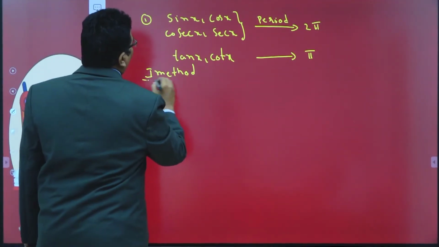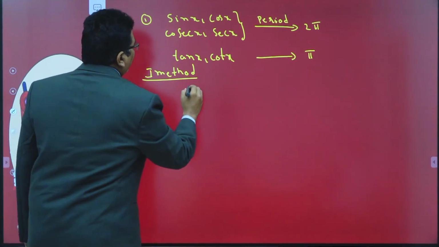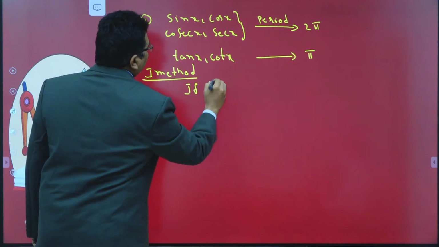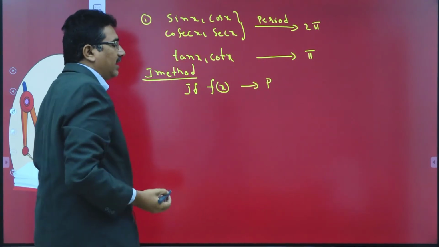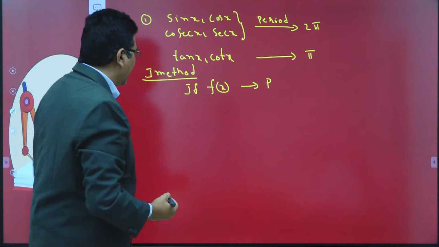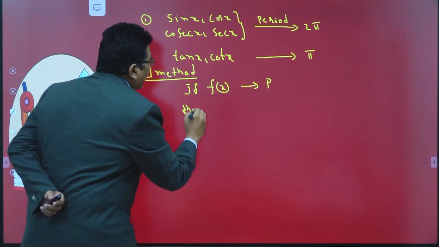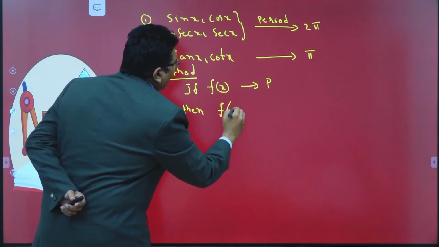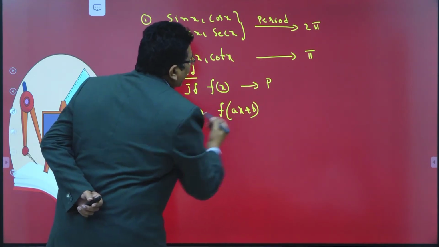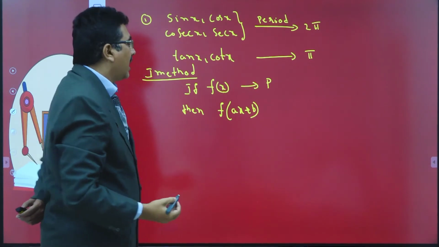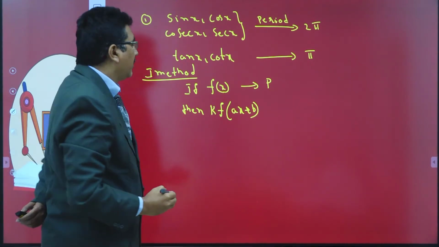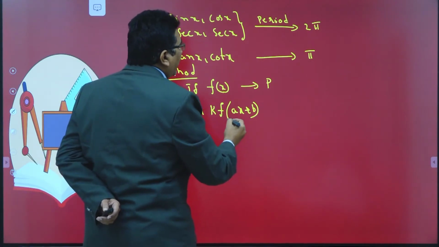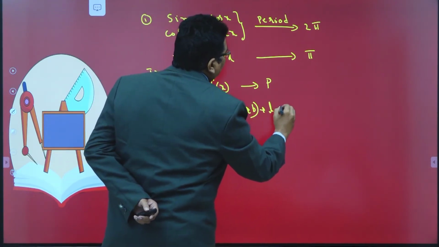If f of x is a periodic function with period p, then the period of f of ax plus b, or k times f of ax plus b, or k times f of ax plus b plus l is the same.